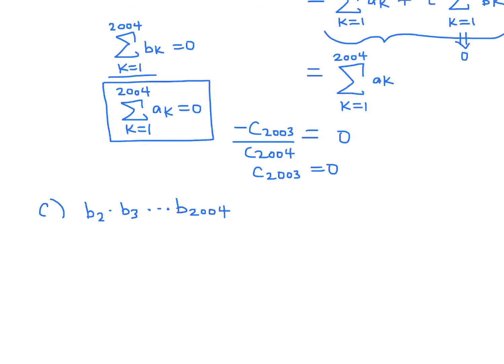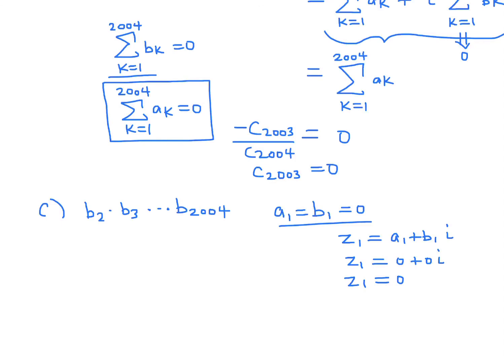Correct? Now, they tell us in the question that B1 is equal to 0. So they tell us that A1 is equal to B1 is equal to 0. So our very first root, Z1, was of the form A1 plus B1 i, correct? Well, if both of these are 0, this becomes 0 plus 0i, which is essentially 0.